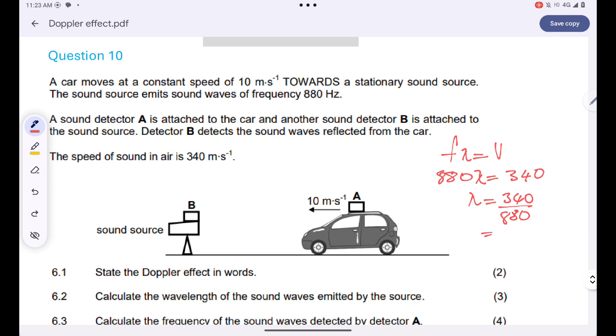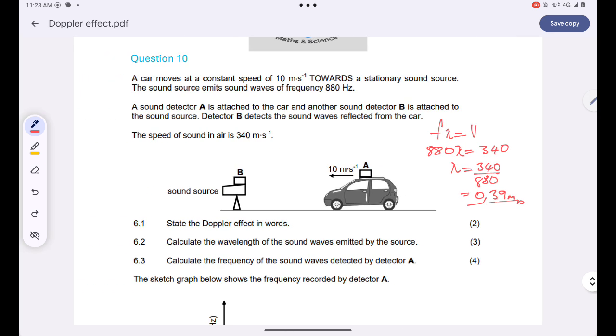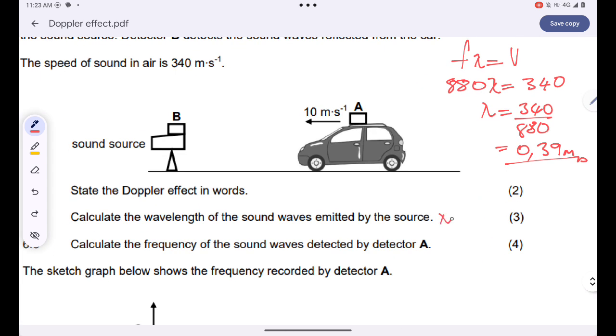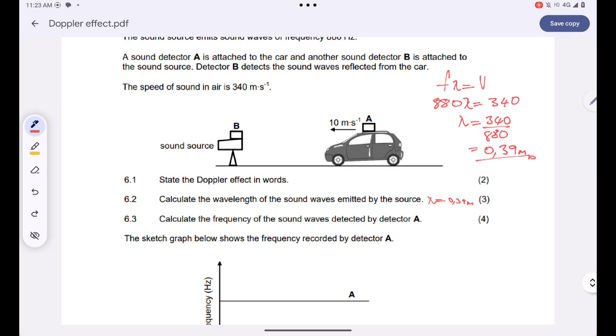We will simply get 0.386, that's basically 0.39 meters. Okay, so the wavelength is 0.39 meters.